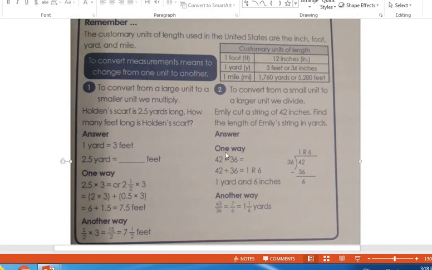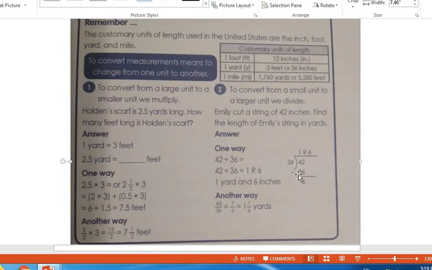One way, I will do 42 divided by 36. Make the long division. 4 divided by 3 equals 1, the nearest. 1 times 6 equals 6. Then multiply 1 times 3 equals 3. So here I make the difference. These are the steps of the division.